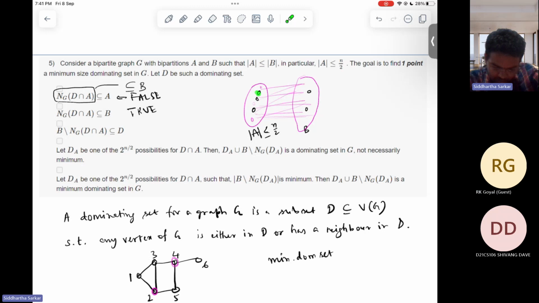Let us say these black vertices are part of the dominating set. So these black vertices are in fact D intersection A, and let us say their neighbors are marked with green, or maybe blue. Yes. So the neighbors of these are blue.